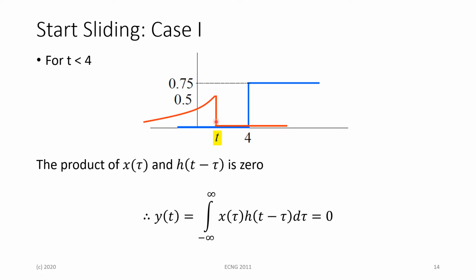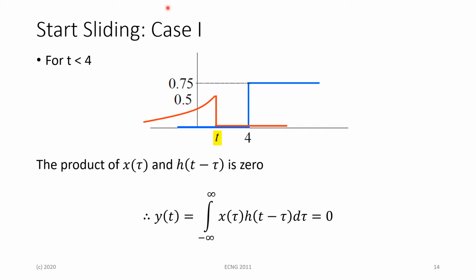So this t-intercept on the h of t minus tau signal is going to be less than 4, where our actual x of tau signal starts. If we watch where the signals overlap, it's just going to be 0 multiplied by the entire signal. So the entire resultant y of t, for t being less than 4, will be an overall value of 0, because we just multiply by 0.